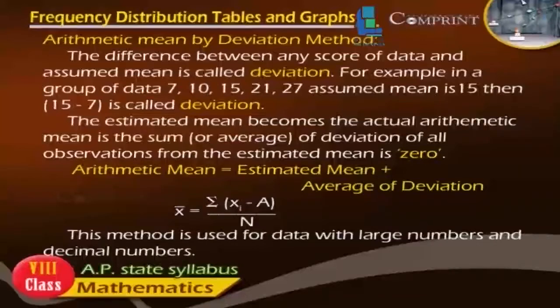The estimated mean becomes the actual arithmetic mean when the sum or average of deviations of all observations from the estimated mean is 0. Arithmetic mean equals estimated mean plus average of deviations. X bar equals a plus sigma xi minus a, whole by n. This method is used for data with large numbers and decimal numbers.